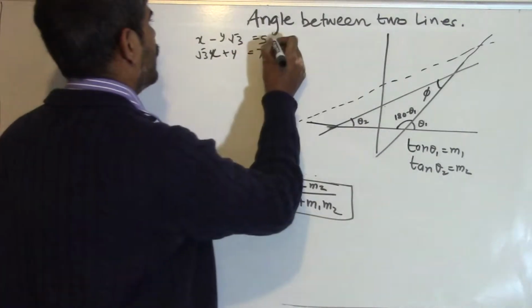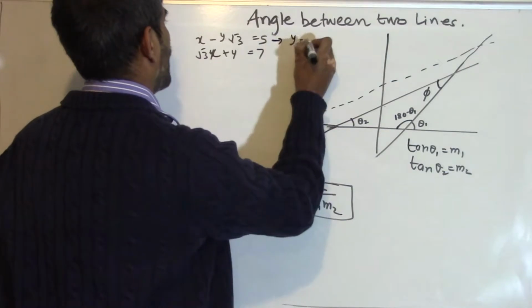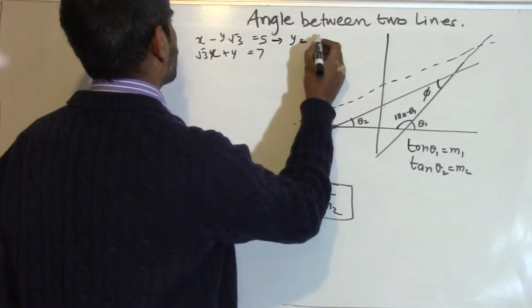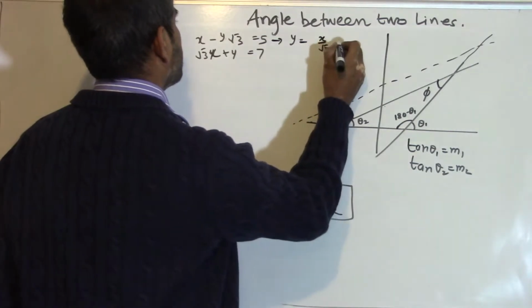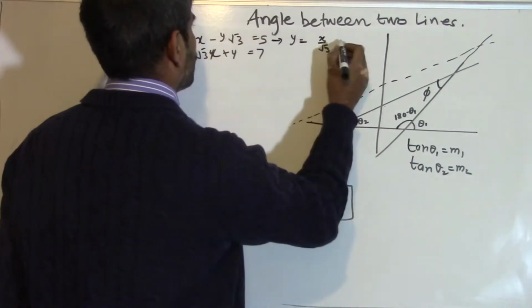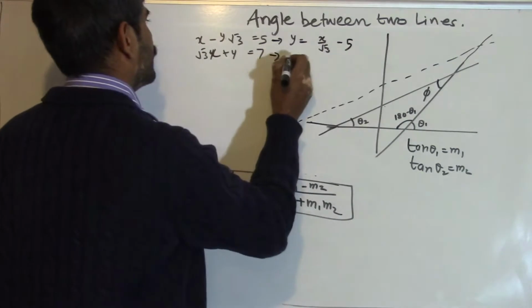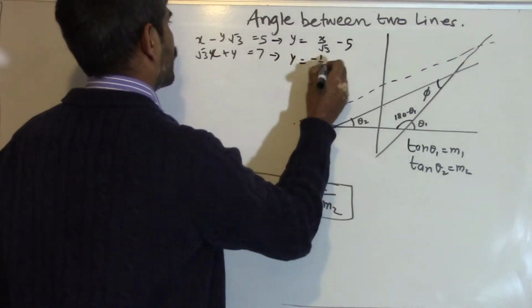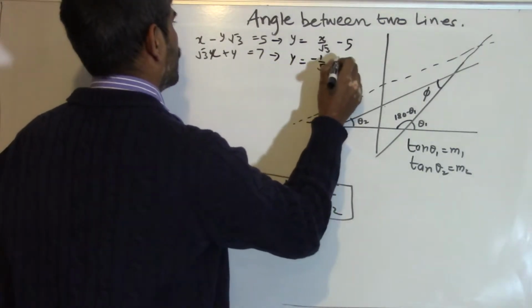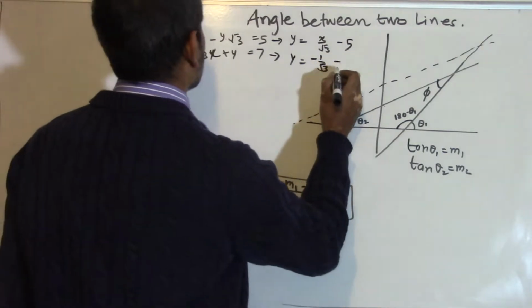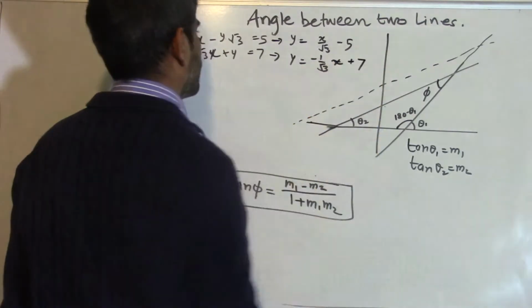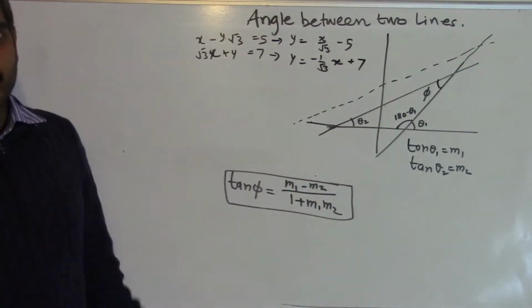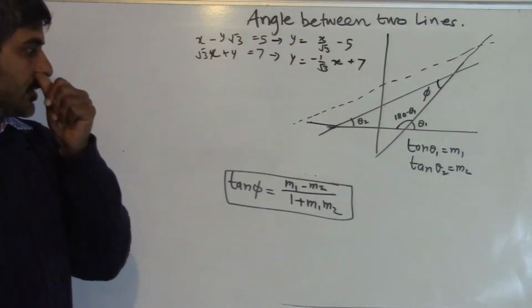So from here we can express this as y is equal to x upon root 3 minus 5, and this we can write as y is equal to minus 1 upon root 3 into x plus 7. So m1 is given and m2 is given.